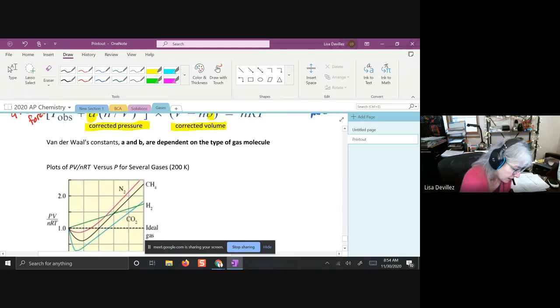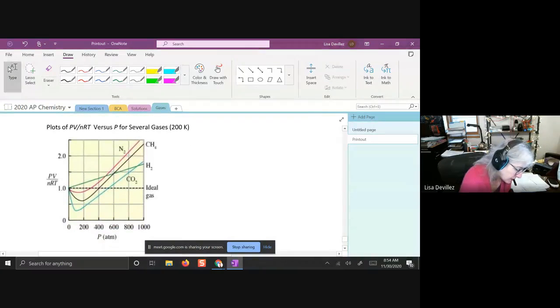Okay, and so here again, this straight line represents what we would have for an ideal gas, the ratio of PV divided by nRT. Here you can see that as we get to higher pressures, we get a high deviation.